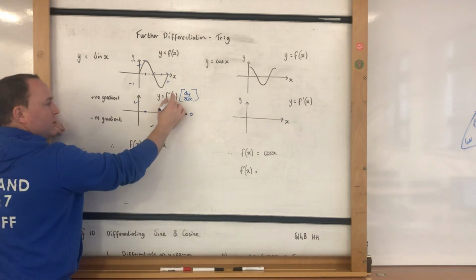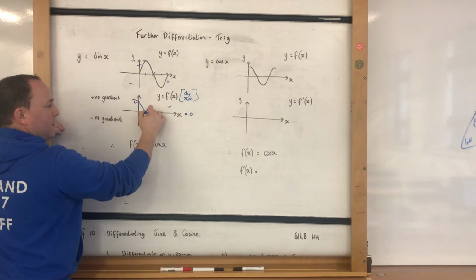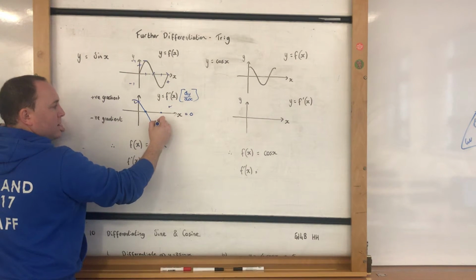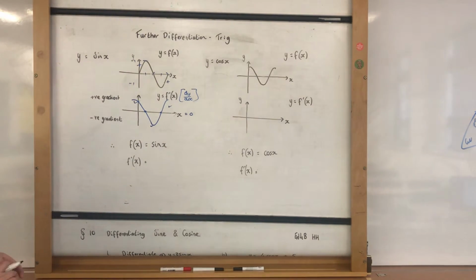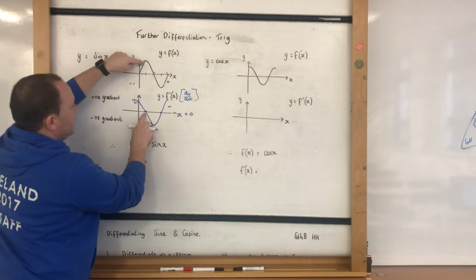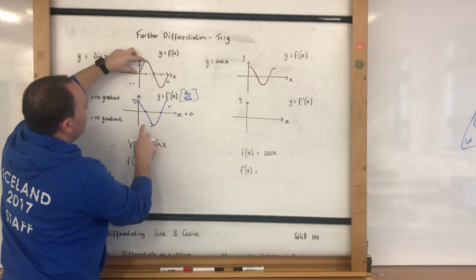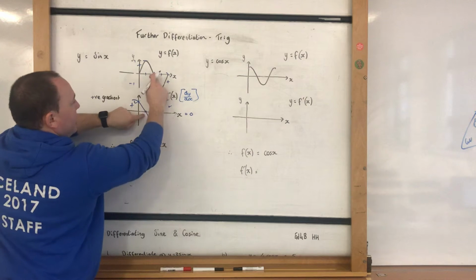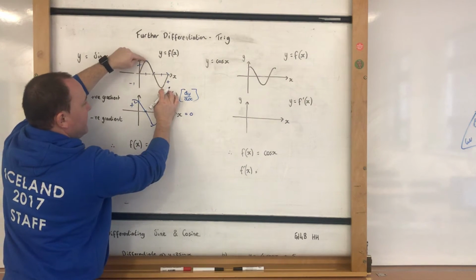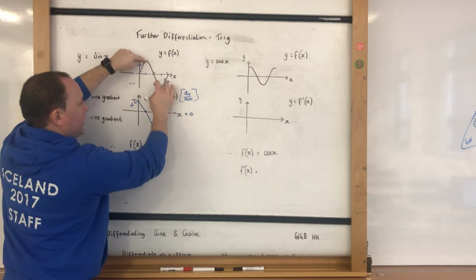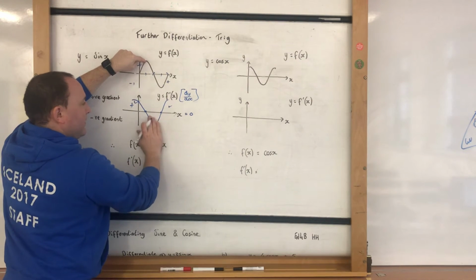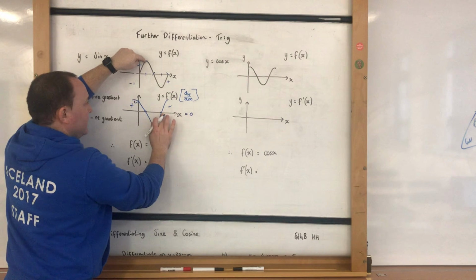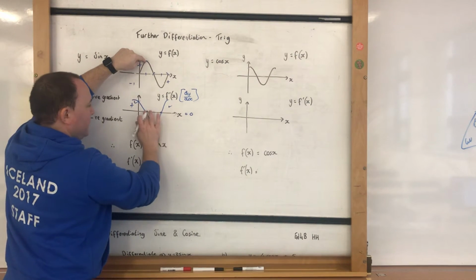So what's happened? Let's just join this up. So this has to turn and go back through this point here. So that's going to look like that. Stationary point, stationary point, stationary point, stationary point. Positive gradient above the x-axis. Negative gradient between stationary points. So this is all negative, so it's all down here. So if it has to go from here to here, then it will naturally have to join, so it'll have to turn.